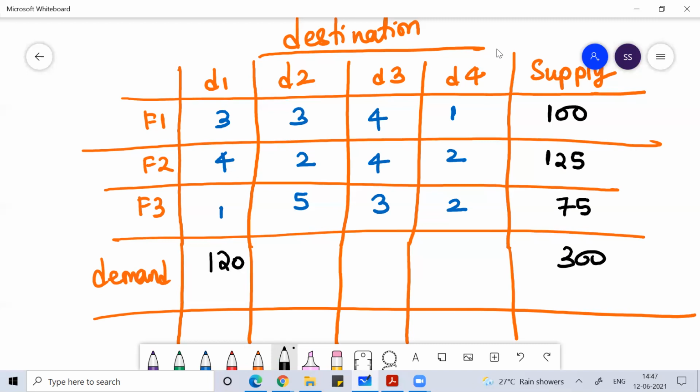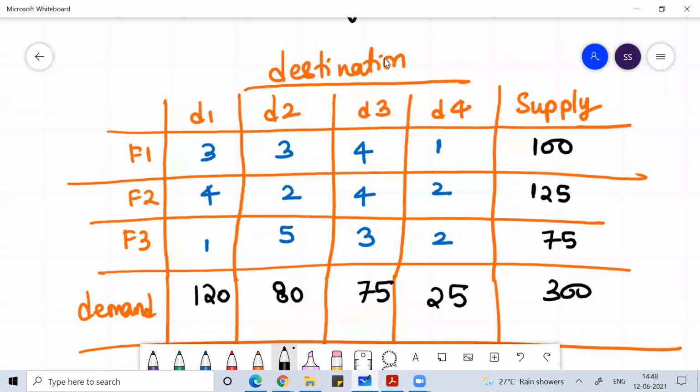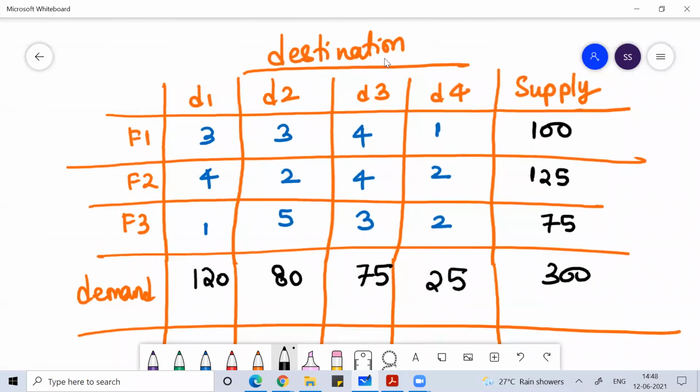The demand is 120, 80, 75, and 25. So the total supply equals the total demand. This is the problem we'll solve by Vogel approximation method to determine the initial basic feasible solution. Please write down this problem, everyone.